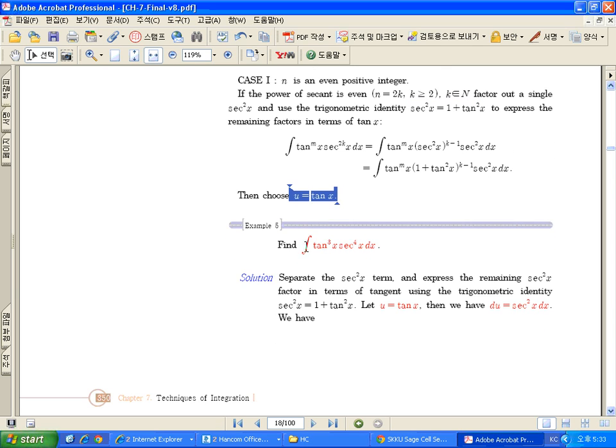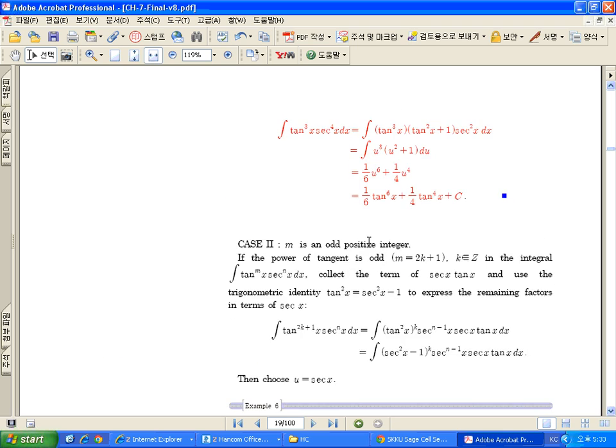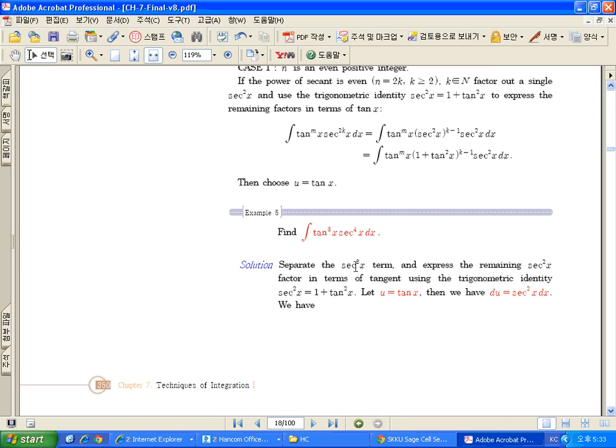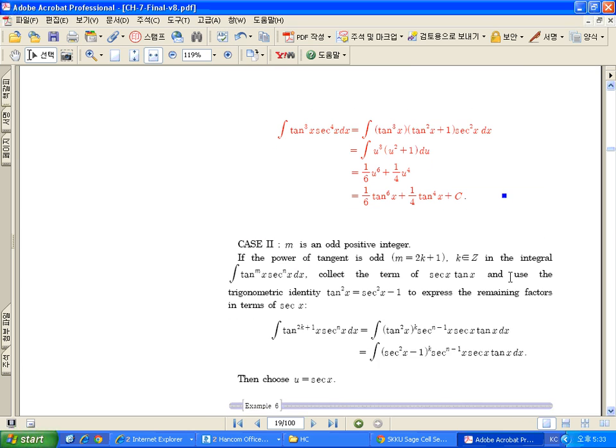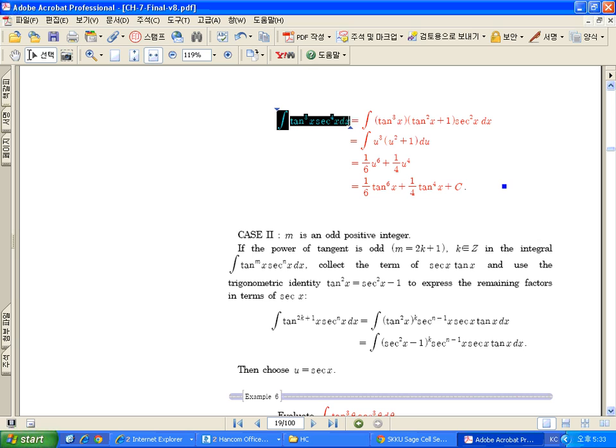Then it will make all easy, like you see here. Then let secant square x be 1 plus tangent square x, and let u be tangent x, then du can be written here. So this can be simplified like this, which is going to be a very easy integration.